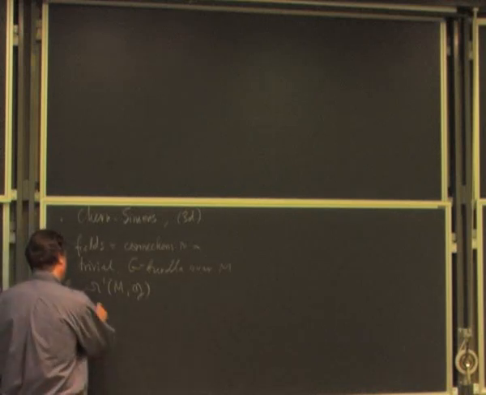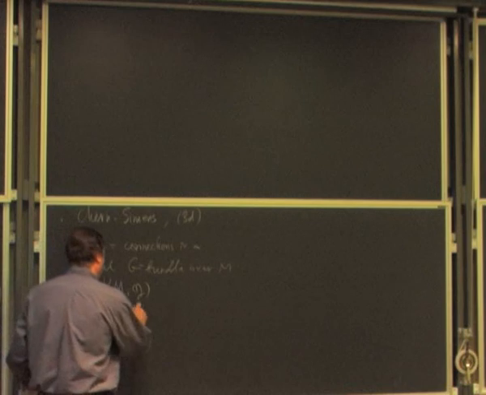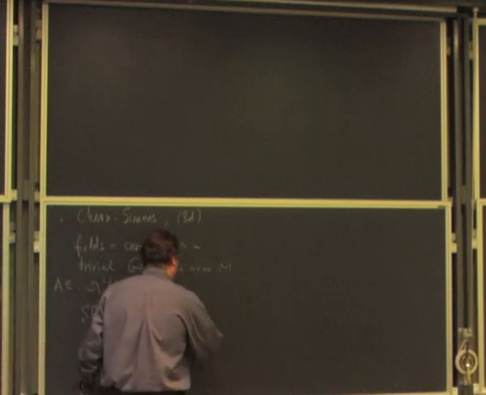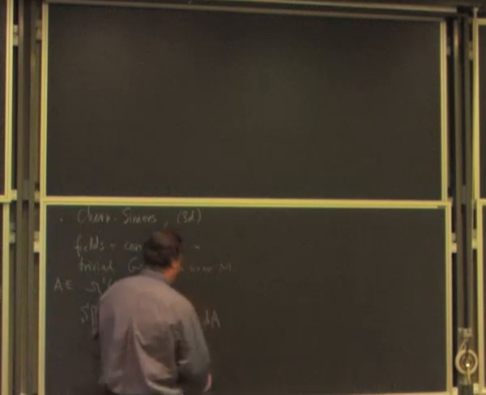And then the action is simply 1/2 integral over M of trace A wedge dA.